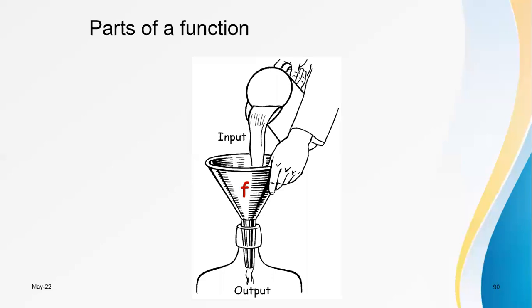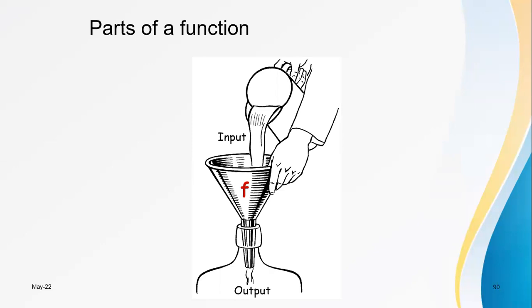A function is nothing but write it once, use it multiple times. I write a code once and then use it multiple times. Look at the picture given: a funnel. I can use the same funnel to fill multiple cans, because the funnel knows how to bring the liquid straight towards the bottle.